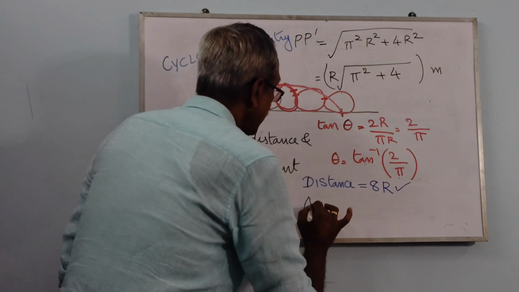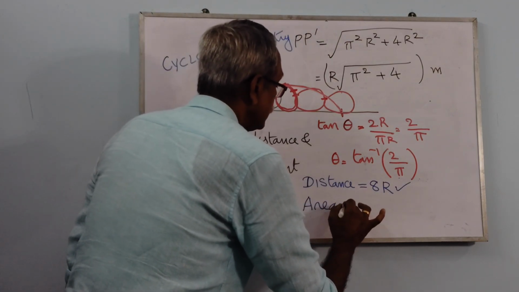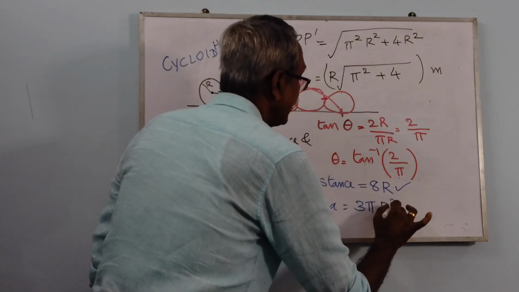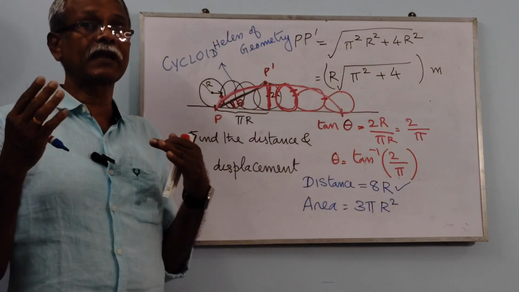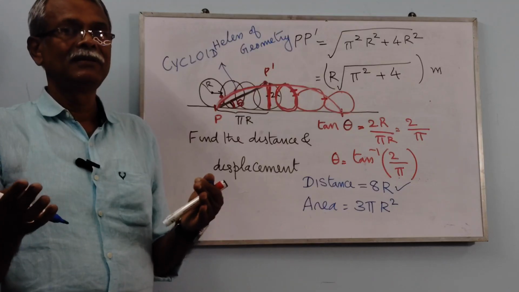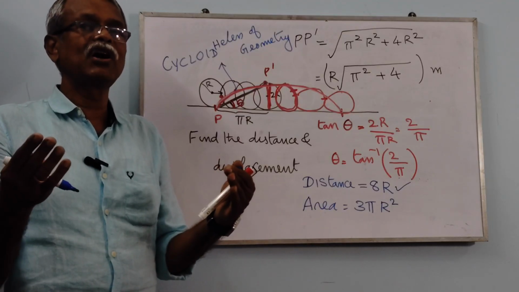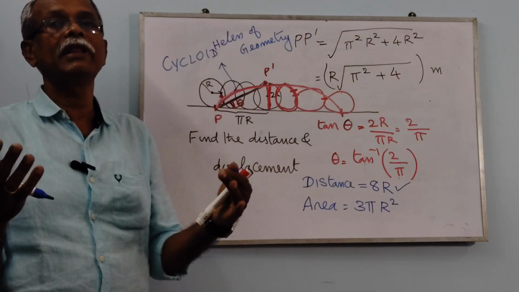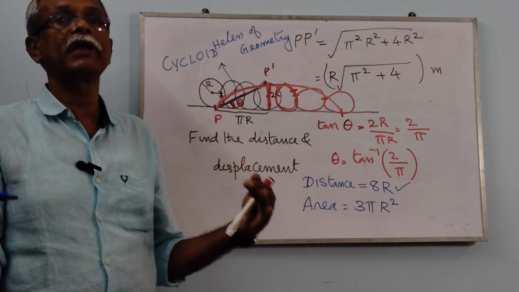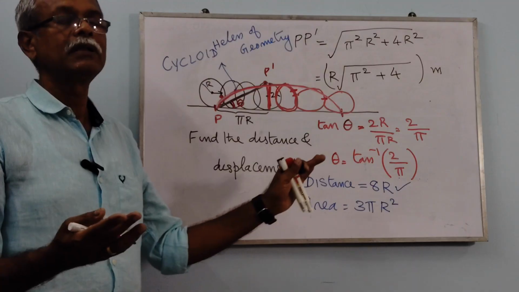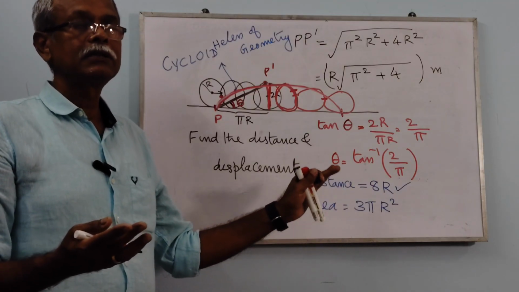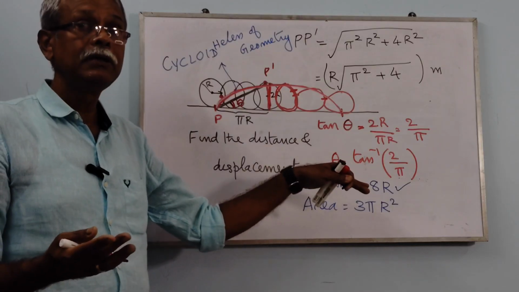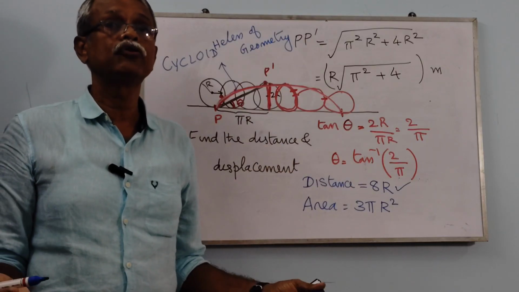And area is 3 pi r square. That is also very interesting. The area of a circle is pi r square, and 3 times that is the area of a cycloid, which is 3 pi r square. 4 times it will be the area of a sphere, which is 4 pi r square. Pi r square for a circle, 3 pi r square for a cycloid, 4 pi r square for a sphere.